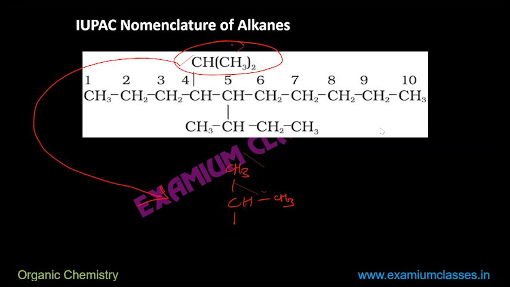It would have been propyl if it were like this, CH2, CH2, CH3. This is propyl. Or if you write propane and remove one carbon, this is propyl. This is different. This is attached from the second carbon, not from the first carbon. It's not propyl.